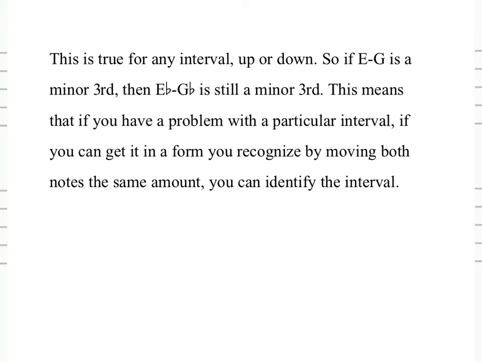So for example, if you saw something like a G sharp to a B sharp and you didn't know what that was, you do know that would be the same interval as G natural to B natural. In other words, lower each one a half step and we get the same interval.